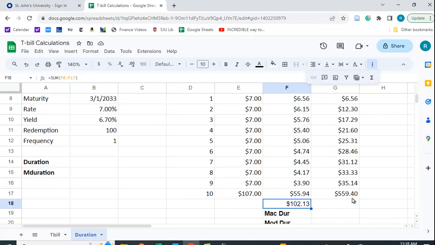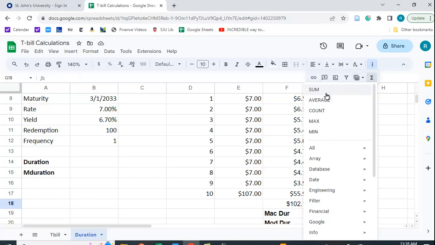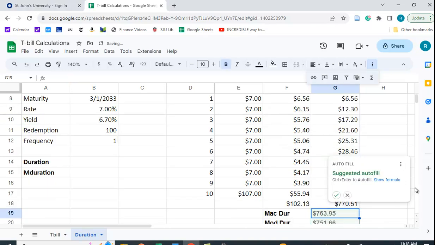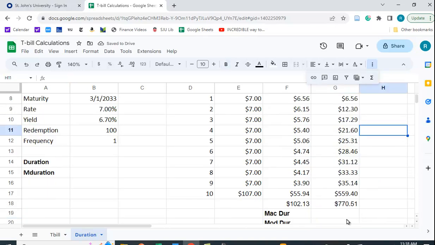I'm also going to sum up these, again using that summation function, and I get 770.51.